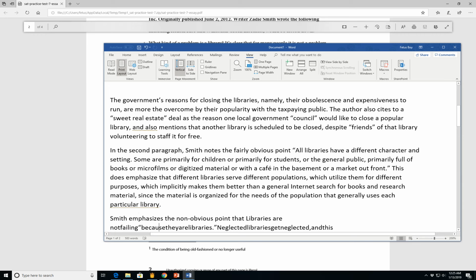Smith emphasizes that libraries are not failing because they are libraries. Okay, when you do a quote within a quote, you should always make it a single quotation.